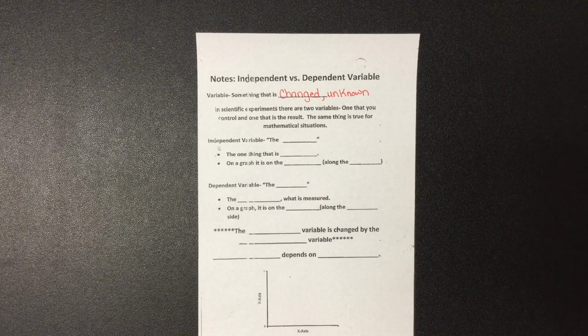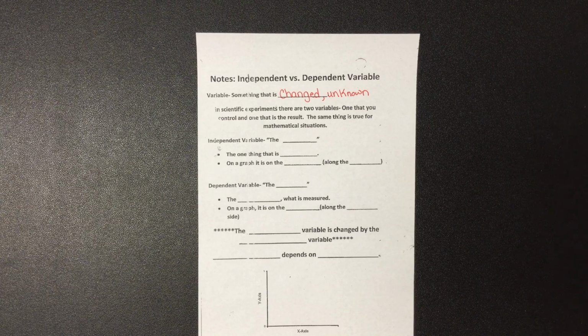There's one that you control, and then there's one that is the result of your experiment. So, how many of y'all did a science experiment or a science fair? Science fair, that's what I was trying to get at. Okay, so every one of you that did a science fair, you had several variables, things that changed, things that were a result.